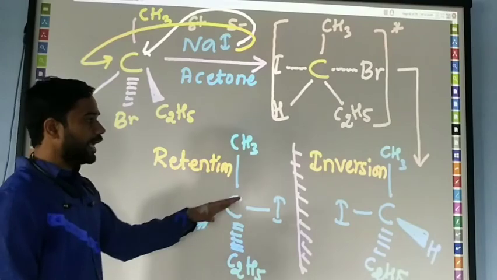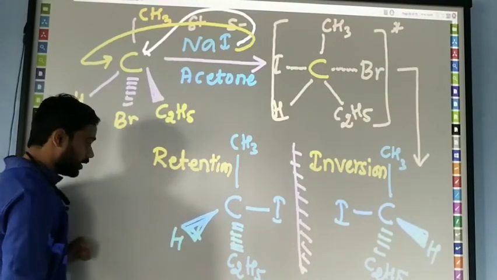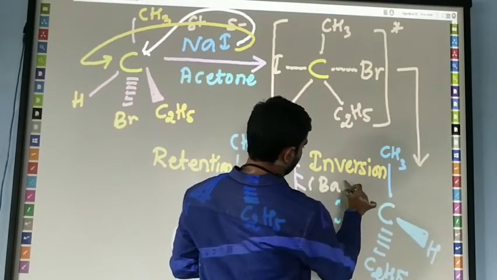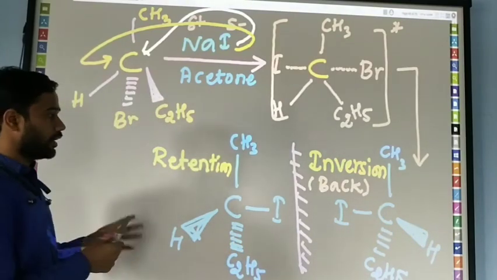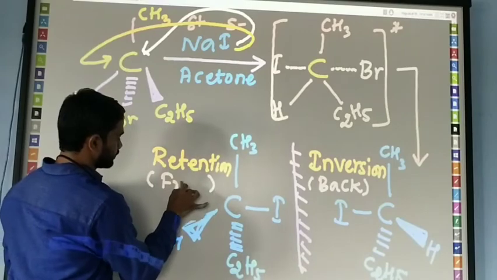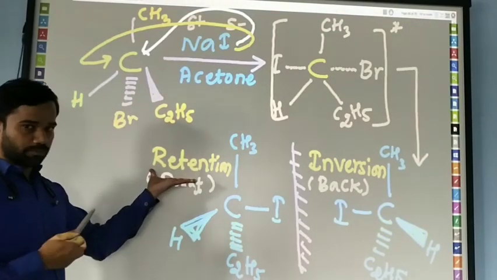Remember that the inversion product is always obtained when there is a backside attack. When the nucleophile attacks from the backside, it forms the inversion product. The retention product happens only from the frontal attack. From the front side attack, there is formation of the retention product.